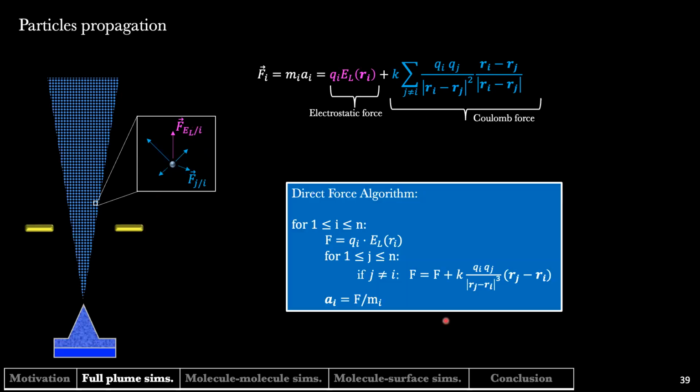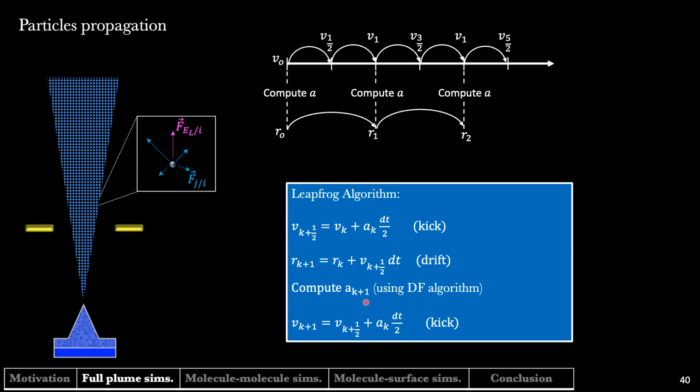So to compute the acceleration, we just use a direct force algorithm where we sum up all these different forces plus the electrostatic force, and then we compute the acceleration. And then to propagate the particles to the next time step, we use the leapfrog algorithm, where we update the velocity by half step, and then we update the position by a full step, and then we compute the acceleration, and then we update the second half step of the velocity.